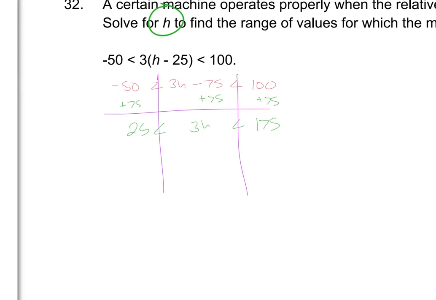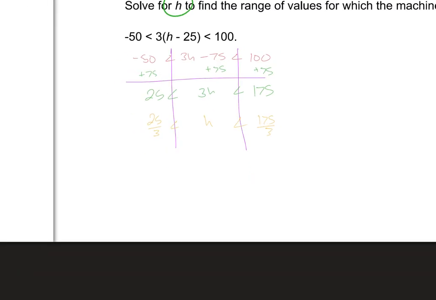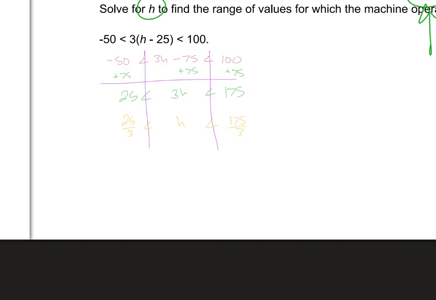I'm going to divide by 3, so I get 25 thirds and 175 thirds. If you want to leave it like that, go for it, because neither of those is truly divisible by 3, but 25, if you were to do that, it's 8.3 repeating.